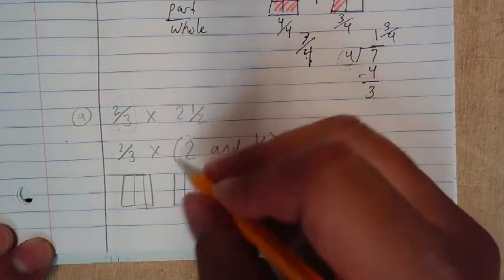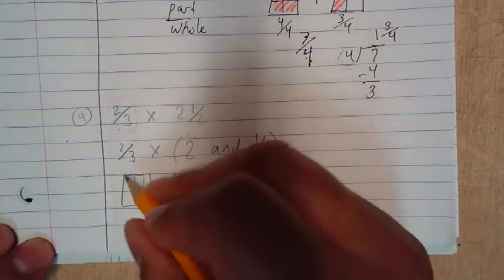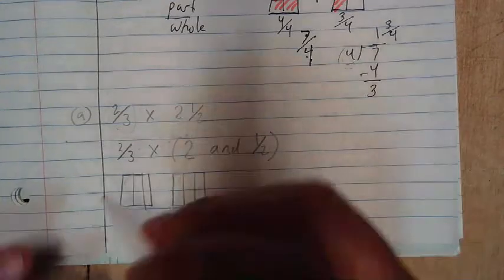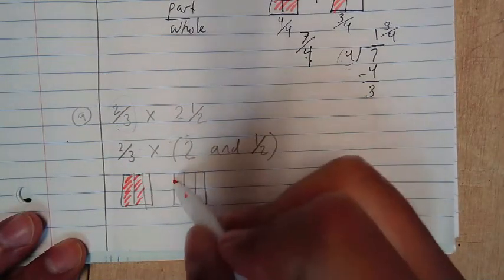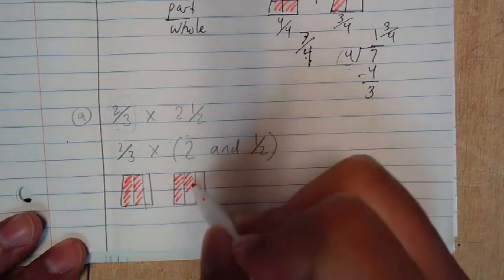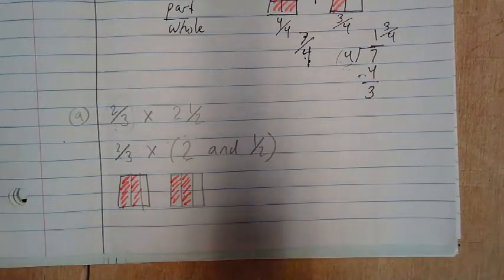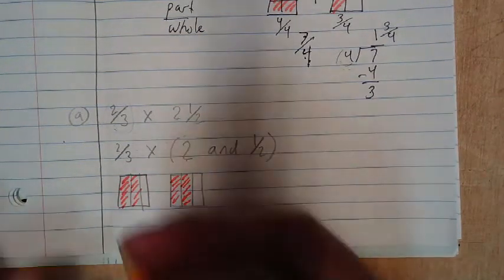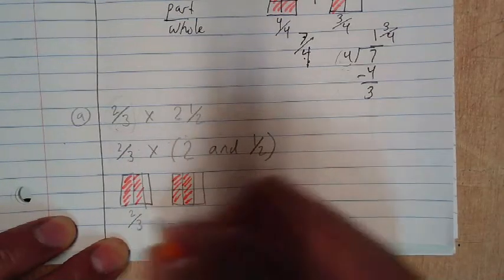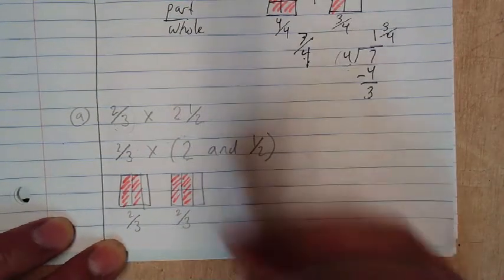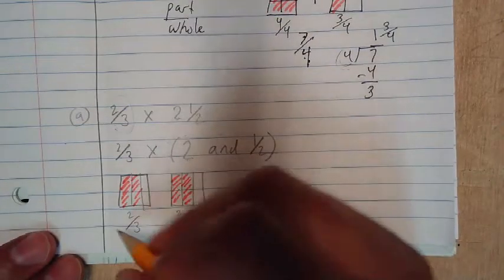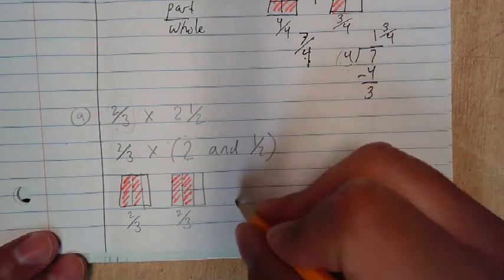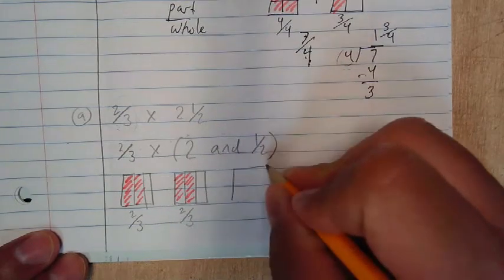So 2/3 times 2, in a different color. Two-thirds twice. But now I want half of that 2/3, so let me draw another 2/3 like I said we would do.